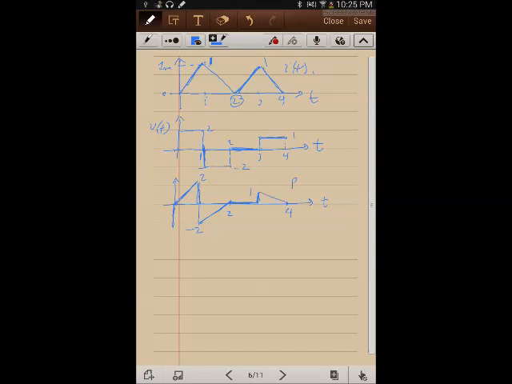So this is the power as a function of time. So the power is absorbed from 0 to 1, then the power is delivered from 1 to 2, then the power is 0 from 2 to 3, then the power is positive from 3 to 4.